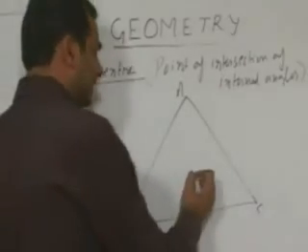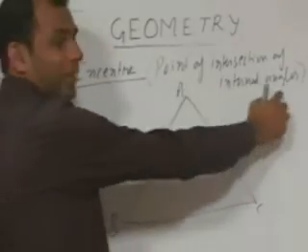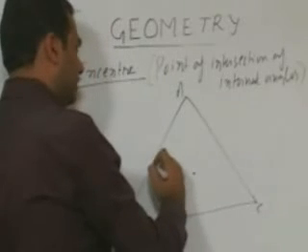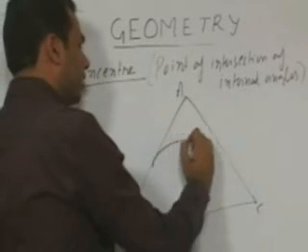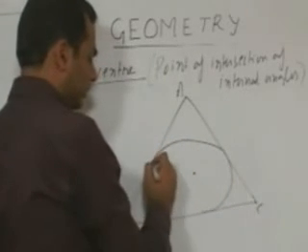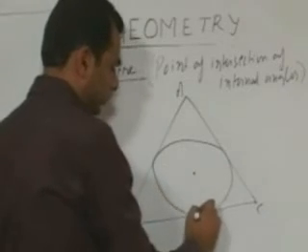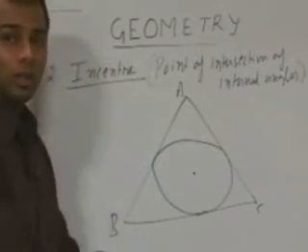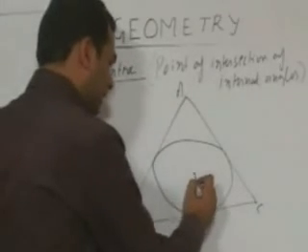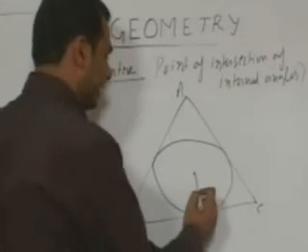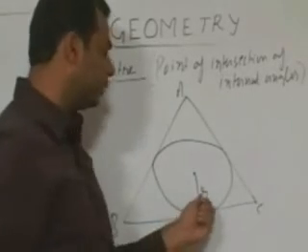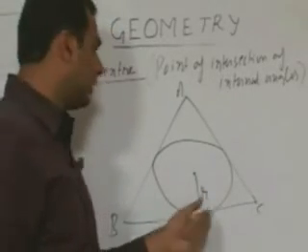So once I get the in-center, which is the point of intersection of internal angle bisectors, this is the center of the circle, and by taking this as a center we can draw a circle like this one. And the next thing is how to find its radius. Let's say its radius is r, generally denoted by small r. So this is known as the inradius.